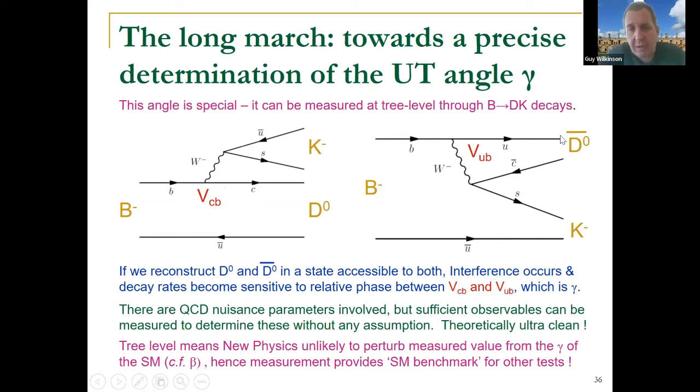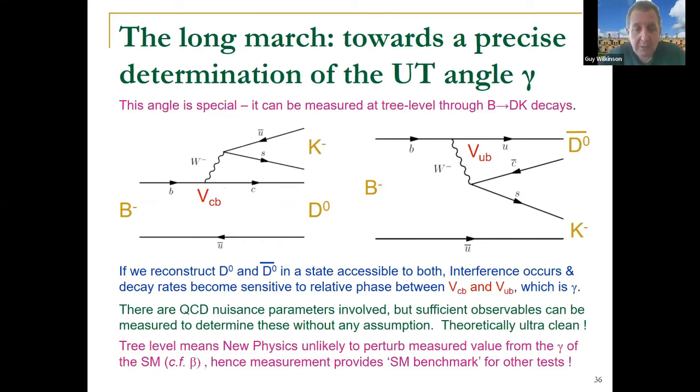But if you reconstruct these two decays in a state accessible to both, like for instance, K plus K minus, then interference occurs, and you will pick out the phase difference between these two diagrams. And that phase difference carries the weak phase gamma.